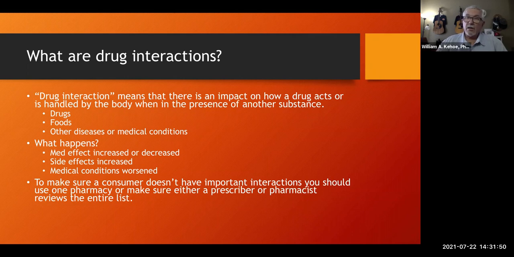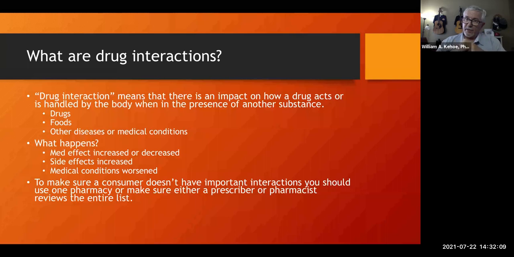So there are drug interactions, there are drug-food interactions, and there are drug-disease interactions. So for instance, giving one drug with another can cause problems. Maybe it increases the level of one drug in the body or it reduces the level or whatever.